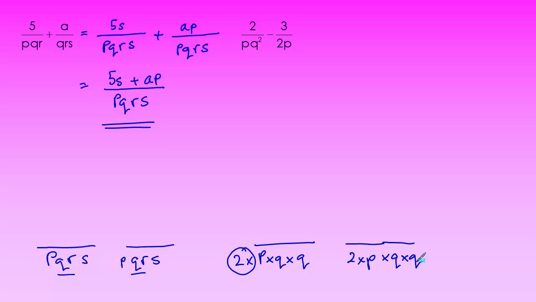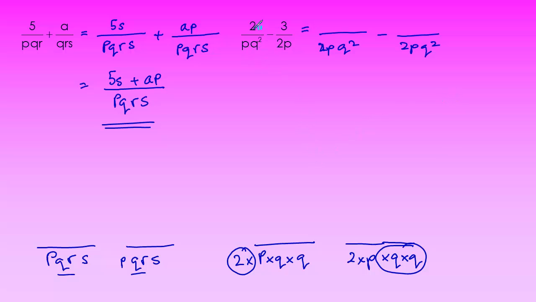So I've multiplied this by that, and this one by that. So 2pq squared seems to be our best denominator.